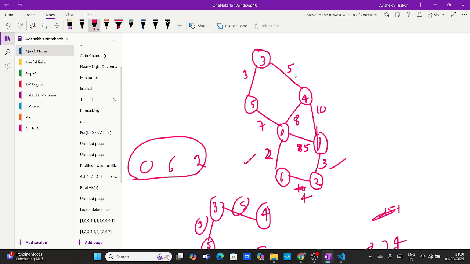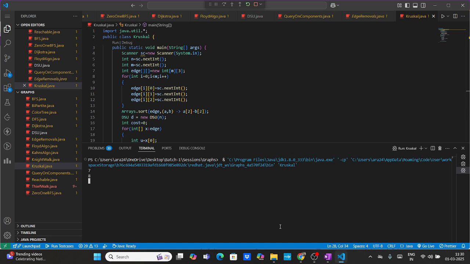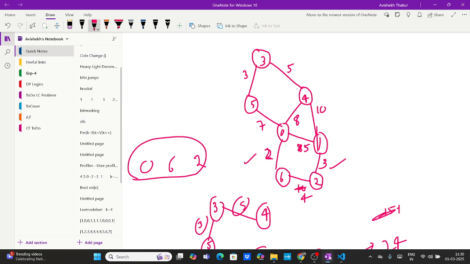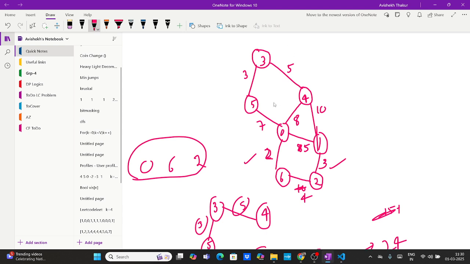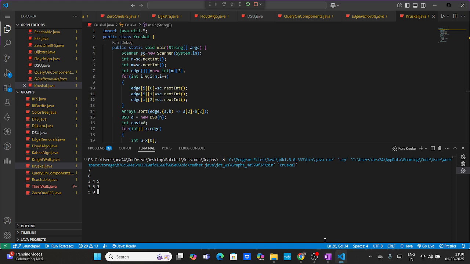3 to 4 having a cost 5. 3 to 5 cost 3. 5 to 0 cost 7. 4 to 0 cost 8.